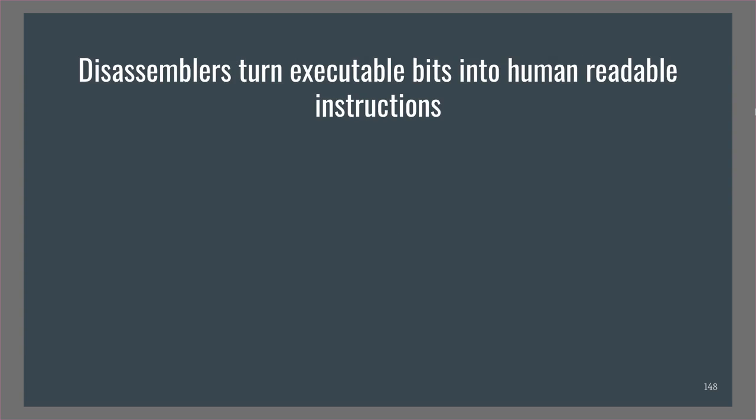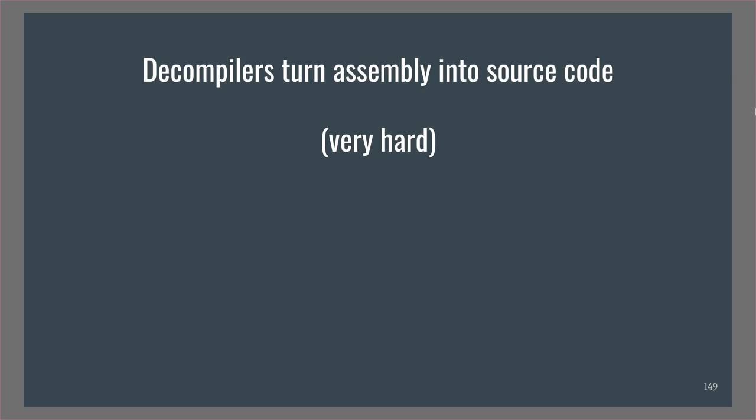Disassemblers turn the bits in an executable into human-readable instructions. How? Well, it can decode the bits the same way the processor does. Certain bit patterns correspond to certain instructions and their arguments. The processor manual actually has a table that tells you which patterns are which. Decompilers have a harder job.